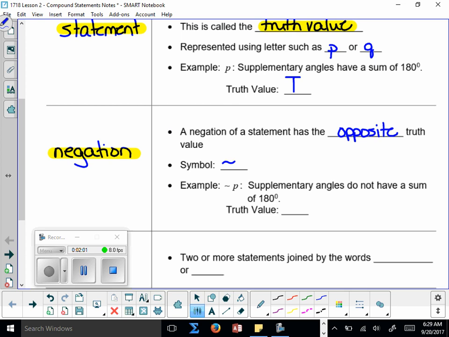So if we negate P, we need to negate our original statement: supplementary angles do not have a sum of 180 degrees. There's your negation, not, and that would be false. We've changed the truth value of our original statement with our negation.